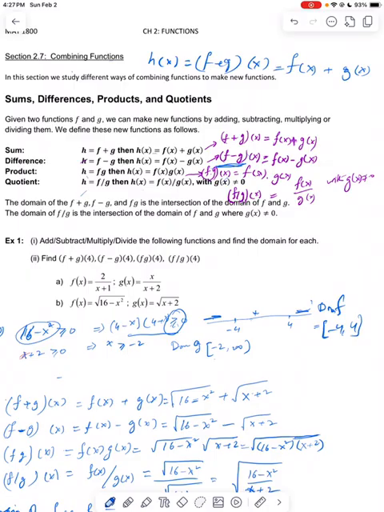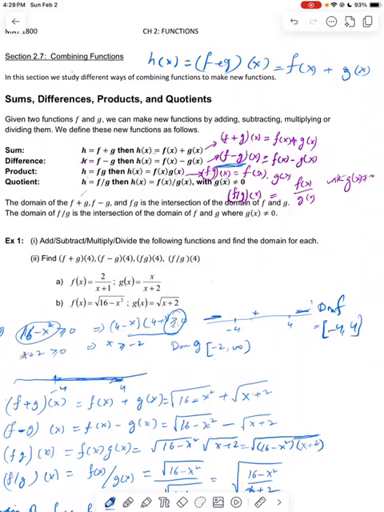including this number. Now, in order to find the common domain, I will put these number lines together. So I can make a number line like this, -4, 4. But now I also want to put the domain of g on this line. Previously, this was our domain for f of x.